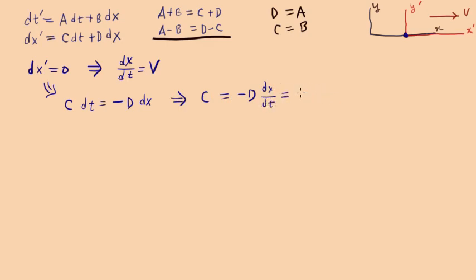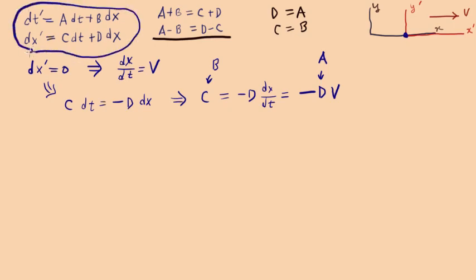So that means C equals negative D v. So that means in terms of A and B, this is B and D equals A, so that means B equals A v. So then we can rewrite these coordinate transformations as the following.